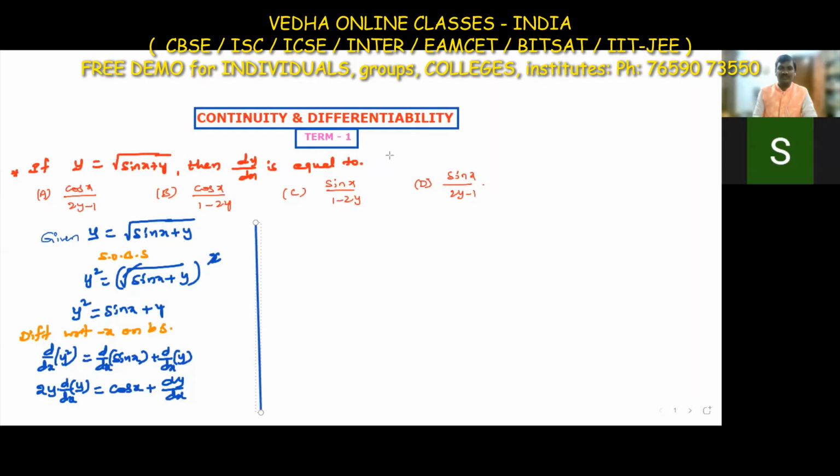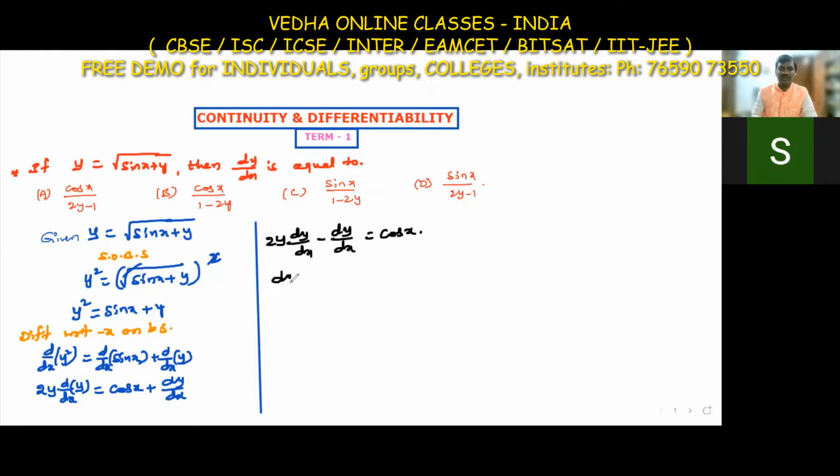Now separate the dy by dx terms. So 2y into dy by dx, and taking this dy by dx to the left side we get minus dy by dx, is equal to cos x.